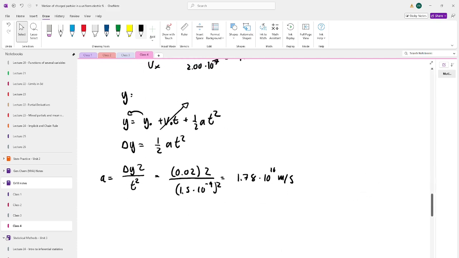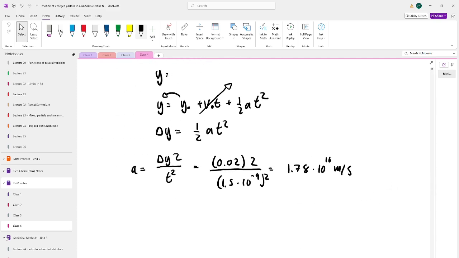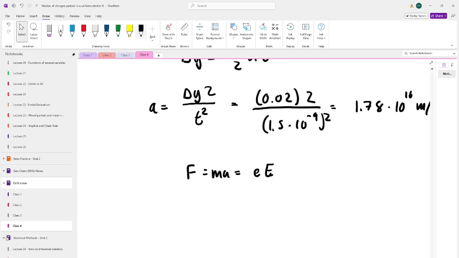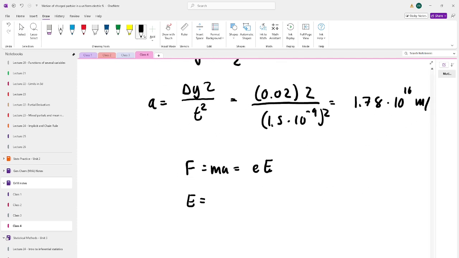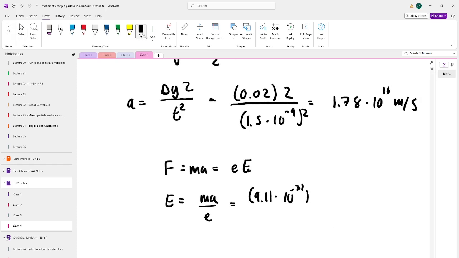And then we also know that E, or actually we can derive it from the very beginning. So F is equal to ma, which is also equal to q multiplied by the electric field. So we can solve for E and say that E is equal to ma divided by q. So the mass of an electron is constant, which we know to be 9.11 times 10 to the minus 31 kilograms from our equation sheet.